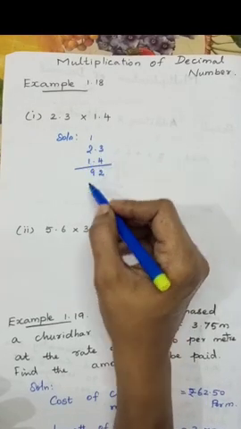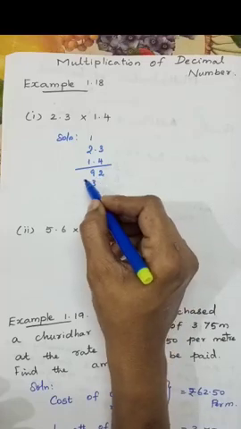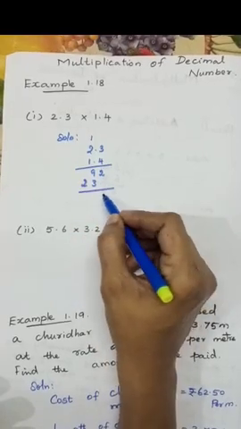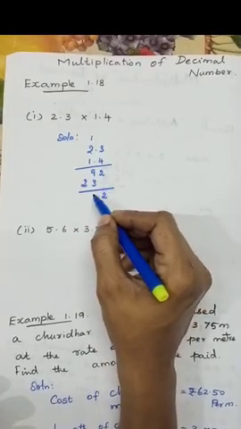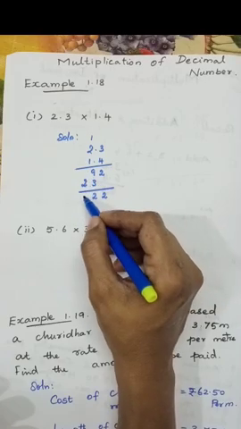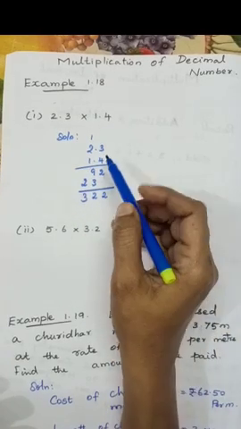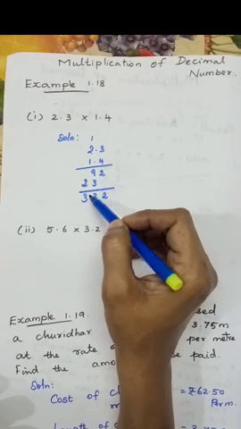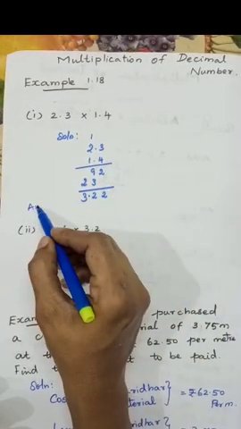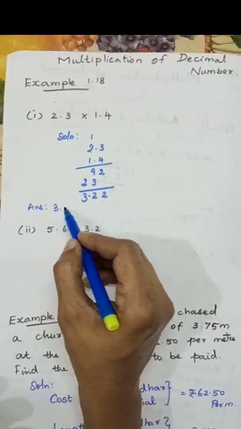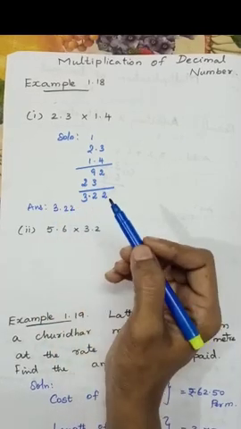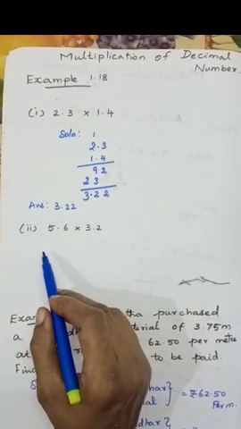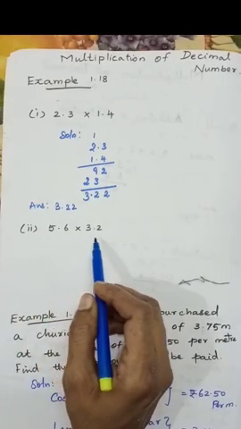Here 3 1s are 3, 2 1s are 2. 2, 9 plus 3 is 12, 2, remainder 1, then 3. After how many digits do we have to keep the point? 2 digits, 1, 2. So the answer is 3.22.